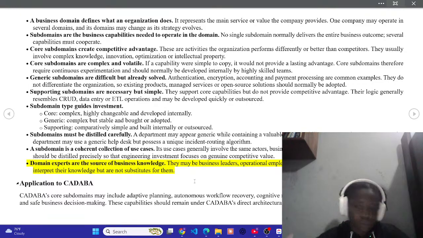Procurement, supply chain, finance, IT, human resources, they cannot use the same agent. Why? Because their operations are different. Their activities are different. Finance department works with money, what amount of money is coming into the system and what amount of money is going out of the system.